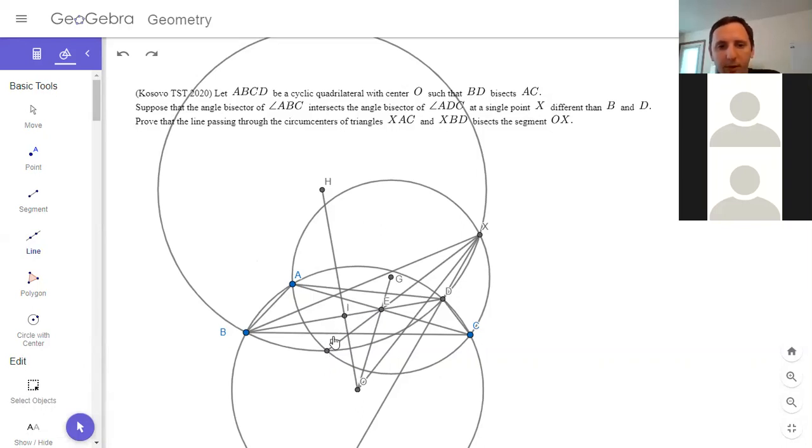What's the best way to show OPIE is cyclic? There are so many lines here, it's tricky. I feel like we have to use some more facts about the problem. What would happen if OPIE was cyclic?